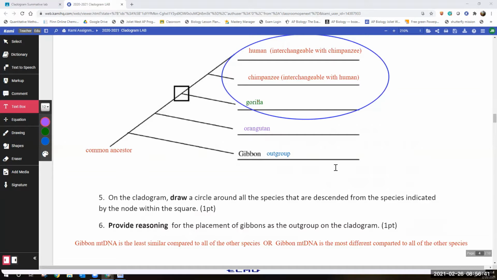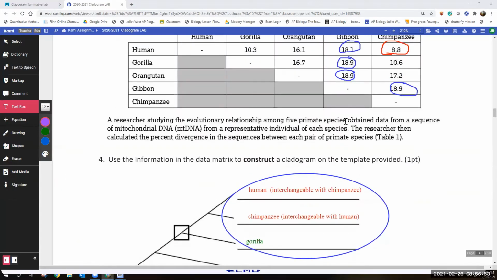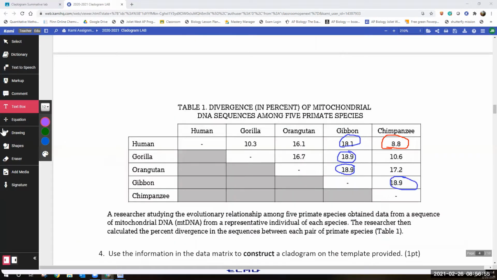Next, we have to determine this sequence, all right? Like how did I determine human, chimpanzee, gorilla, and orangutan? That's going to be a little bit more challenging. So let's first start with looking at the number that I circled in red. I always find the outgroup first. Which one has the most things that are dissimilar?